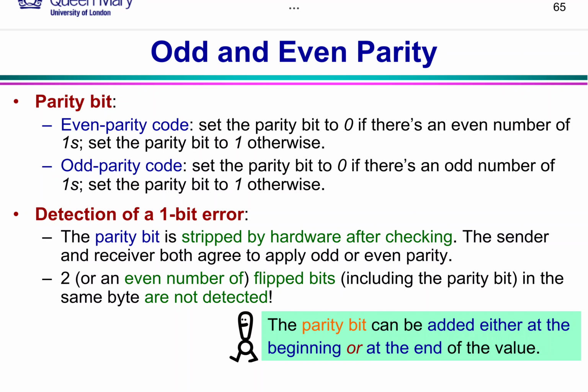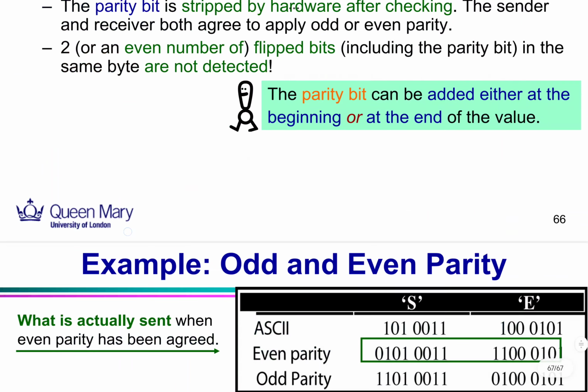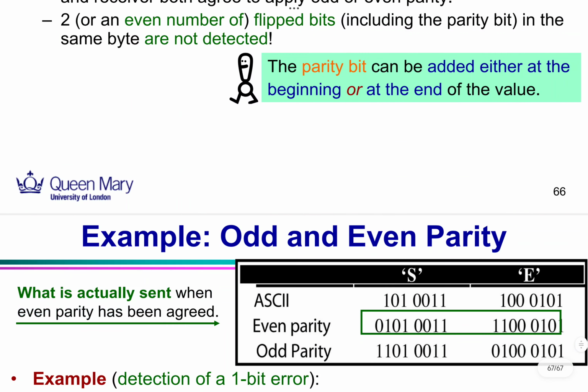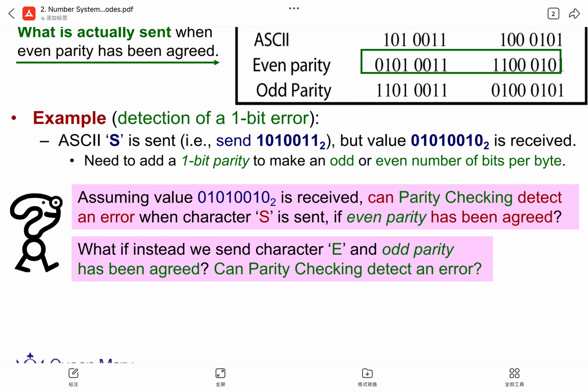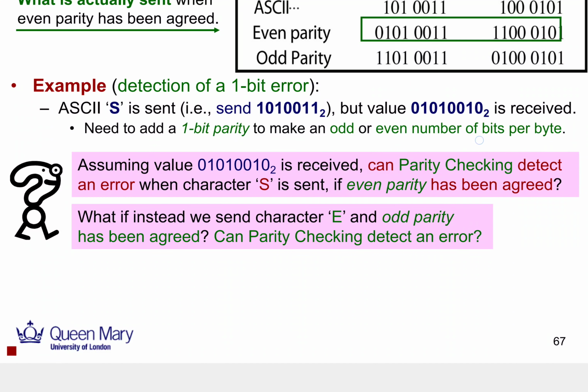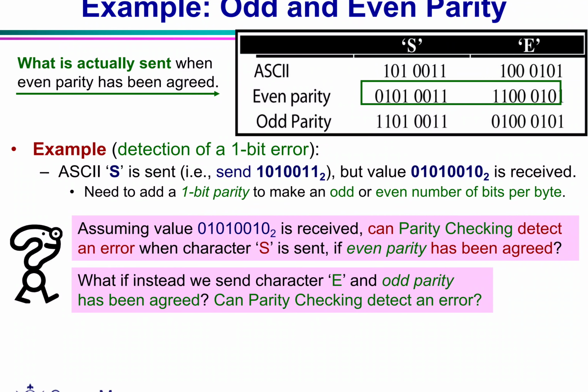If we want 0 and then the result, detection of a 1 bit flip, this is parity. This is an example. So when we do that, similarly, parity checking can detect errors in one bit, but if two bits change, it cannot.